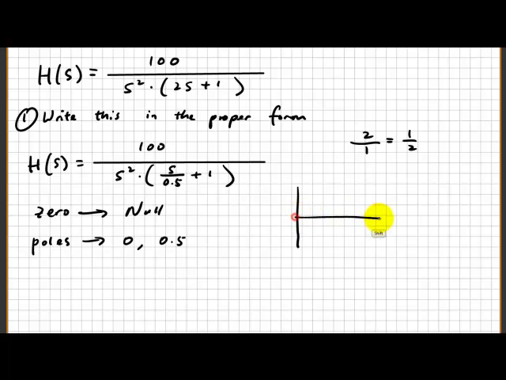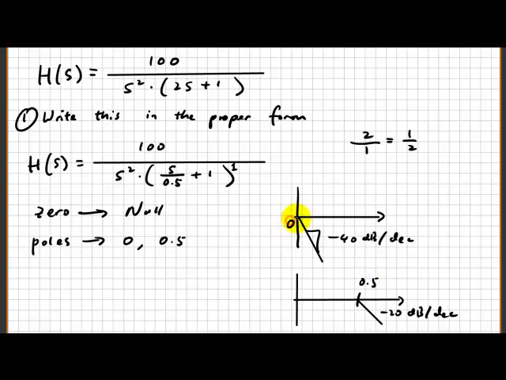To sketch each of the plots, I'm going to do the first thing for the pole at 0. It's going down with negative 40 dB per decade, because you have s to the power of 2. The second one would be starting at the 0.5 breakpoint. Because this is to the power of 1, the slope is minus 20 dB per decade.